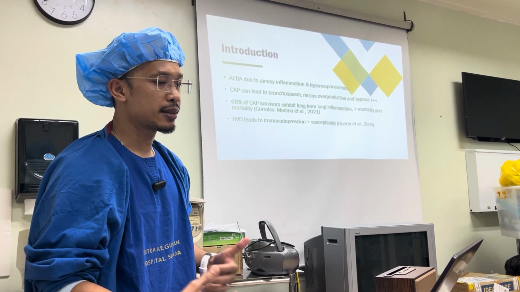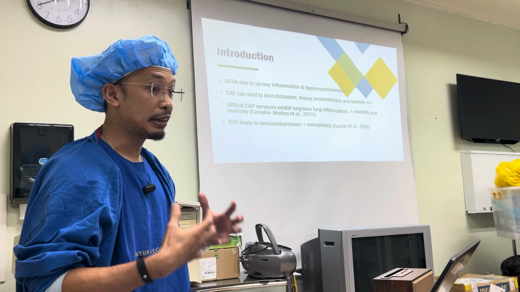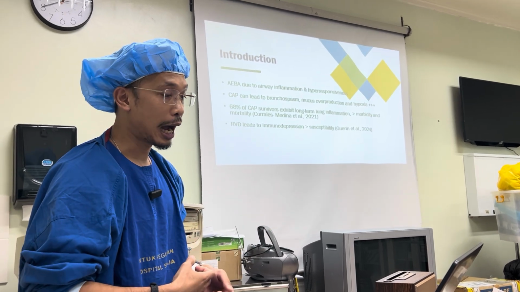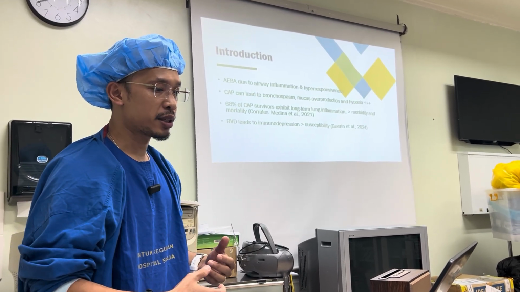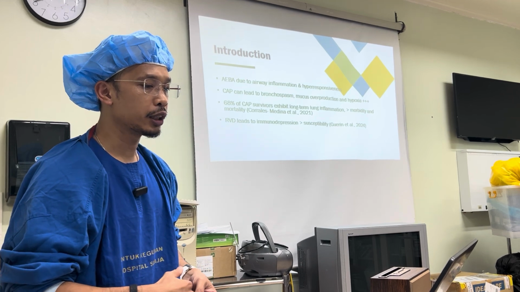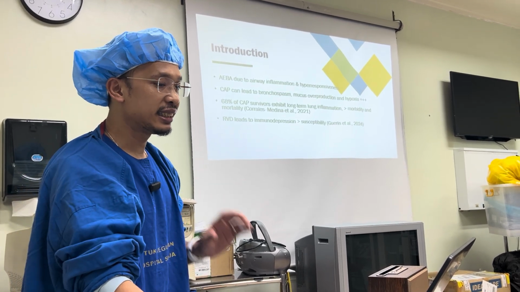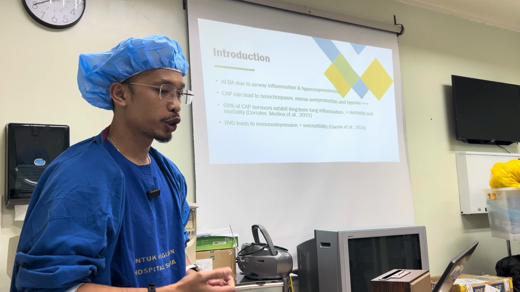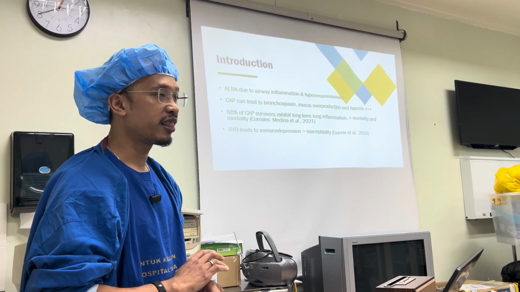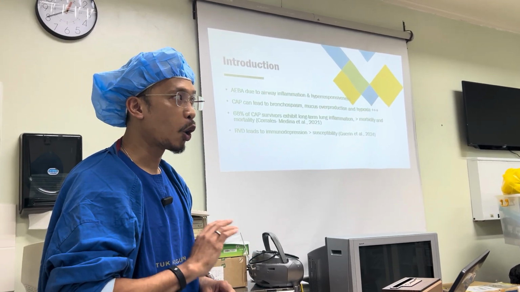And the trouble doesn't always stop after the infection clears. It turns out about 68% of people who recover from CAP still deal with lingering lung inflammation, which can make breathing problems stick around for the long haul.